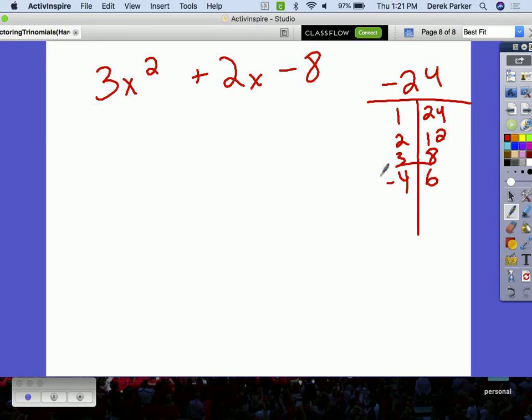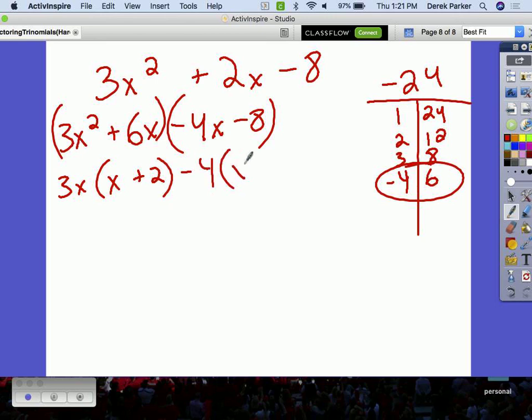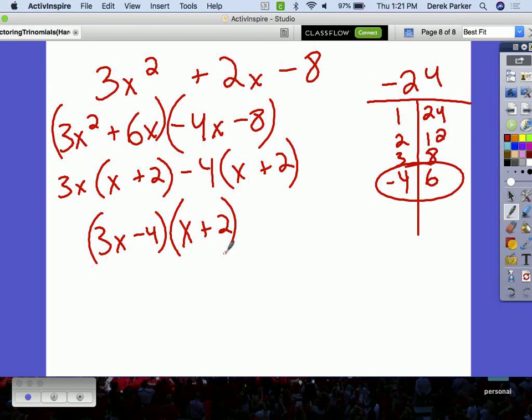Negative 4 plus 6 gives me positive 2, so I'm going to rewrite that, and I get 3x squared plus 6x minus 4x minus 8. I get x plus 2. Pull out the negative 4, and I get x plus 2. My answer is going to be 3x minus 4 times x plus 2.